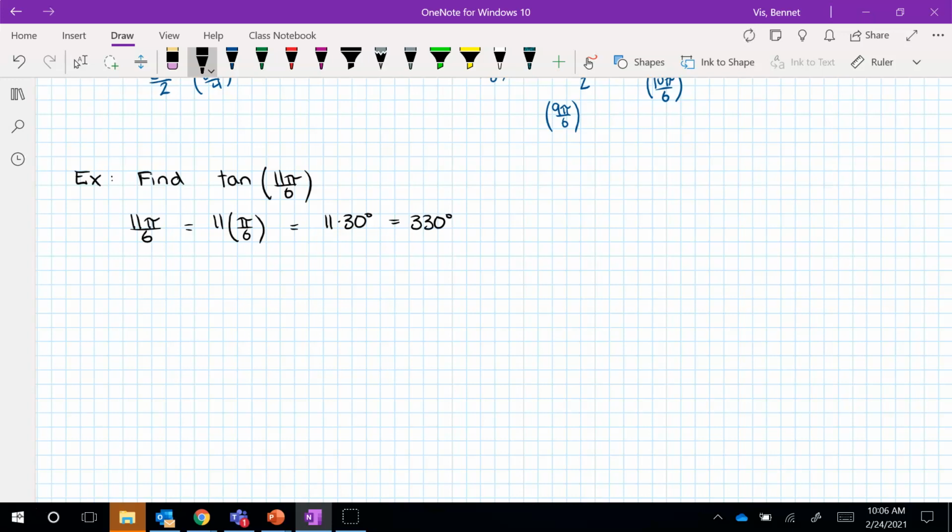330 degrees. Another way that I could think about this is to say, well, I know that 11 pi over 6 is just 1 pi over 6 in front of 2 pi. Like 12/6 is 2, so this is just pi over 6 before 2 pi, or 30 degrees before 360.